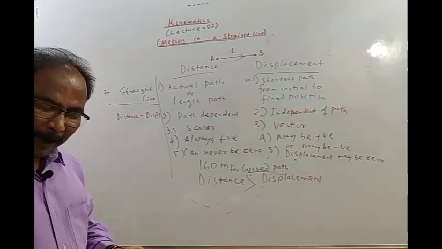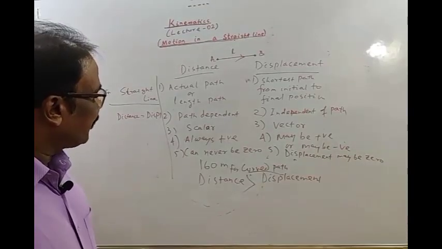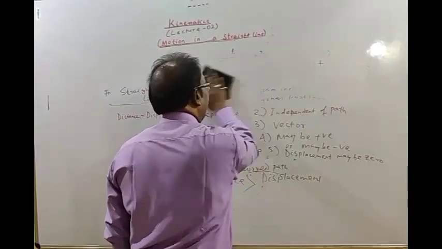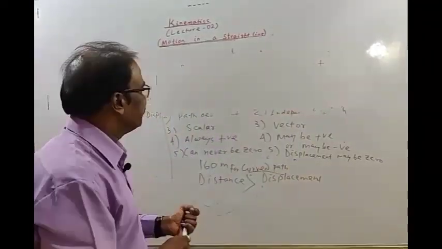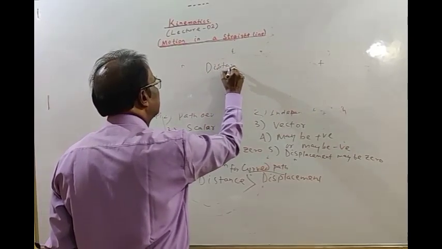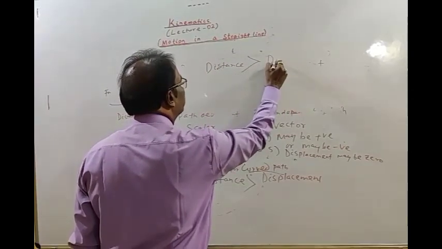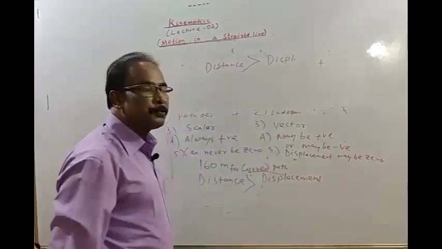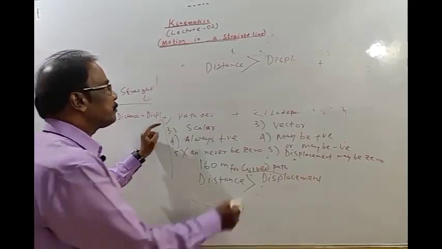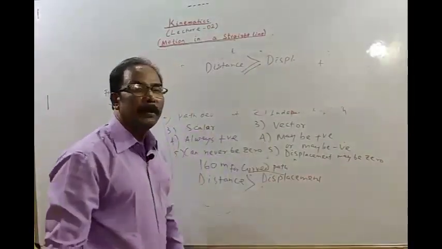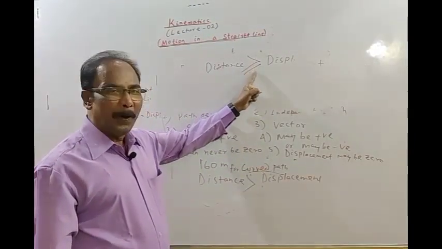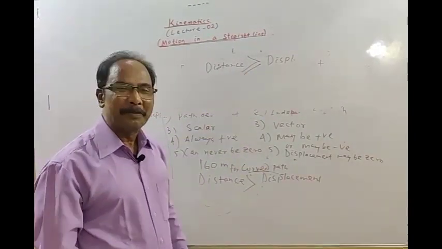So our final output, if we compare the magnitudes, then distance is greater than the magnitude of displacement if a body moves along a curved path. Distance is equal to the magnitude of displacement if a body moves along a straight line. So distance may be greater than or equal to the magnitude of displacement.